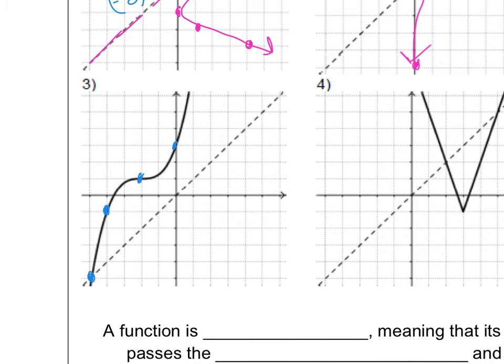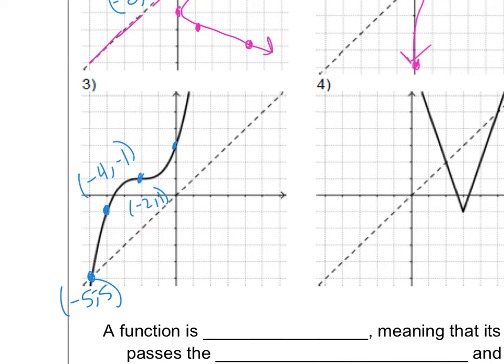Alright, so let's see how you did. This first point is at negative 5, negative 5. Then negative 4, negative 1.